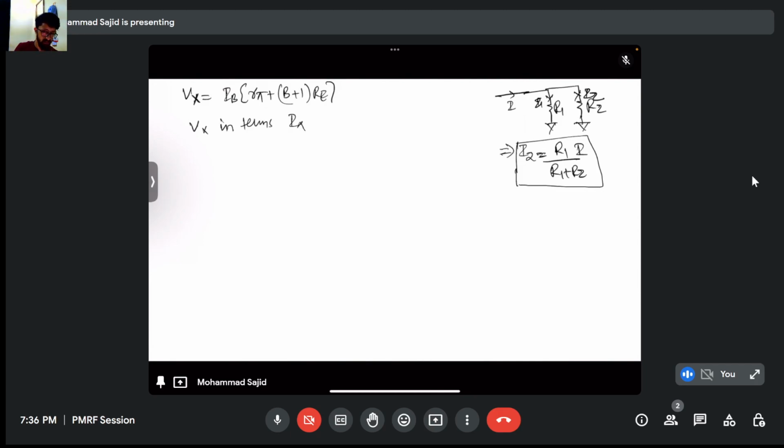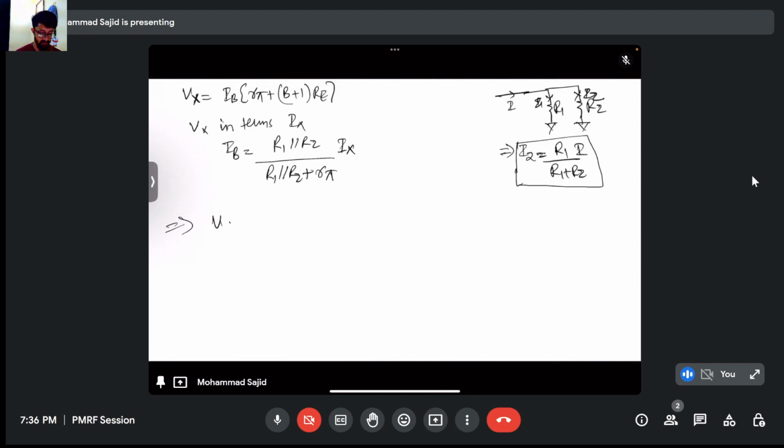Same, we will do the same here. So my IB will be equivalent to the current in the other resistor, that is R1 parallel R2 divided by R1 plus R2 plus R pi into Ix.